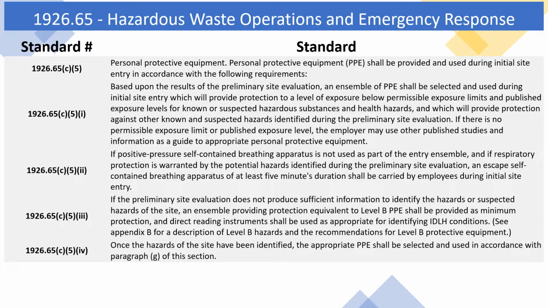Based upon the results of the preliminary site evaluation, an ensemble of PPE shall be selected and used during initial site entry which will provide protection to a level of exposure below permissible exposure limits and published exposure levels for known or suspected hazardous substances and health hazards, and which will provide protection against other known and suspected hazards identified during the preliminary site evaluation. If there is no permissible exposure limit or published exposure level, the employer may use other published studies and information as a guide to appropriate personal protective equipment.